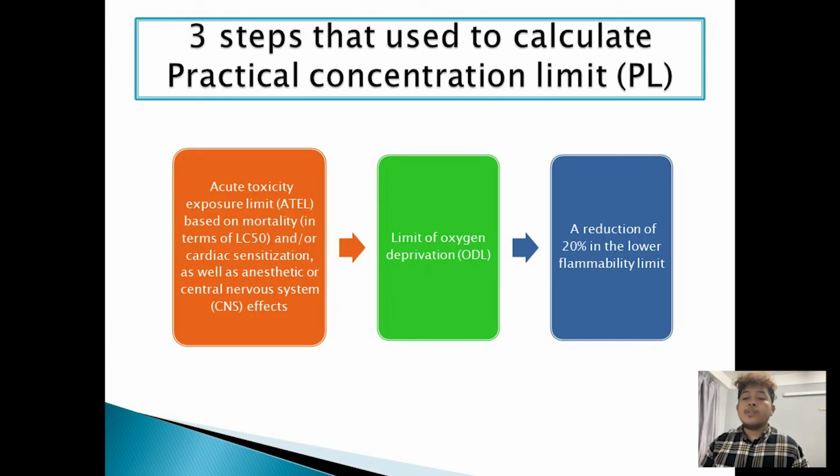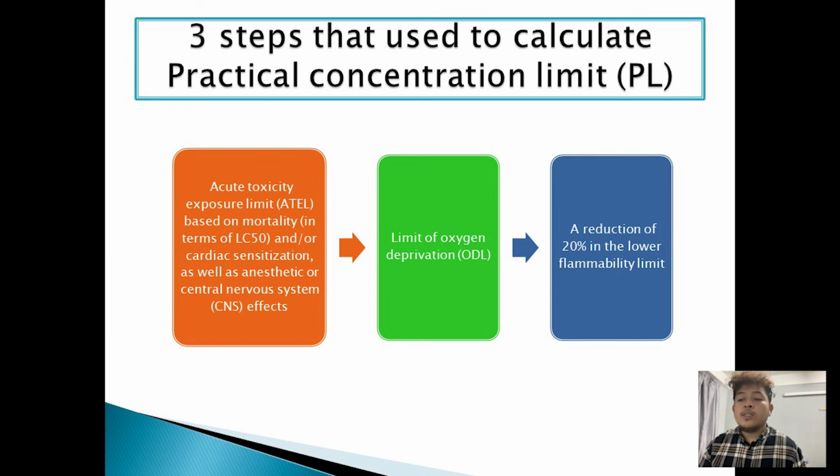Okay, so for the fifth slide, we have 3 steps used to calculate the practical concentration limit or PL. For the first step, we have the acute toxicity exposure limit (ATEL) based on mortality in terms of LC50 or cardiac sensitization, as well as anesthetic or central nervous system (CNS) effect.